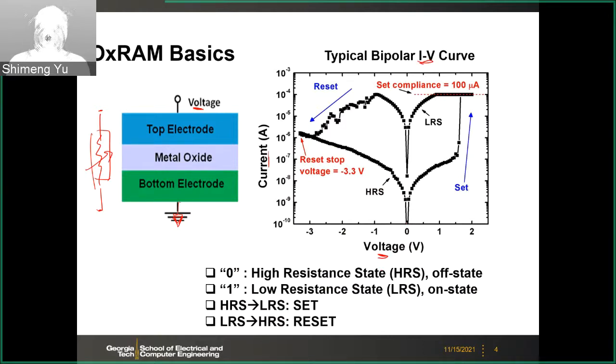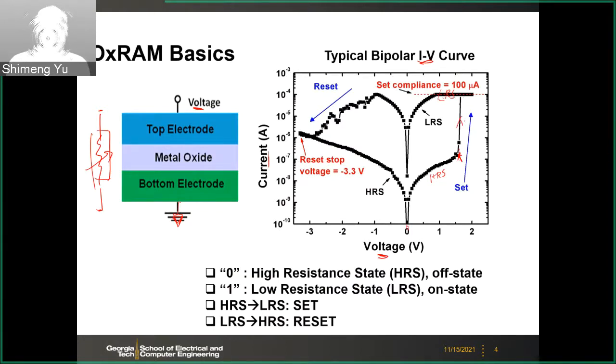So you start with 0 voltage and then apply positive voltage, and then after some threshold voltage, the device can switch from the high resistance state, HRS, to the low resistance state. So you have an abrupt jump of the current at this moment.